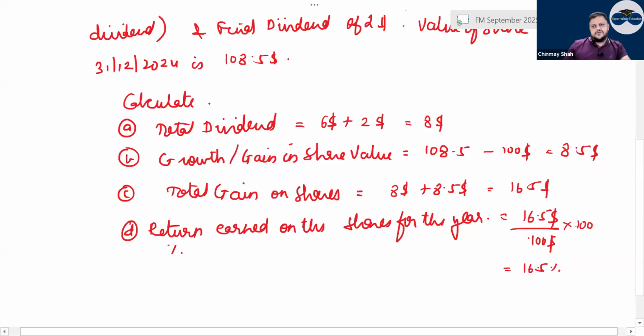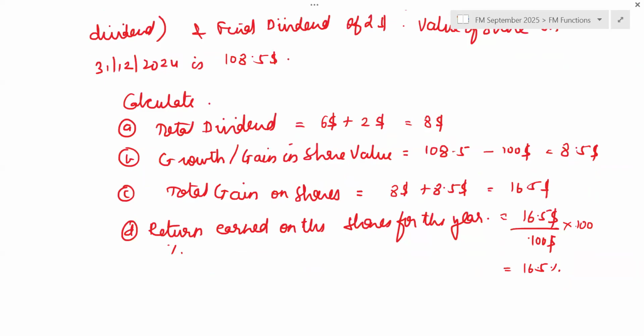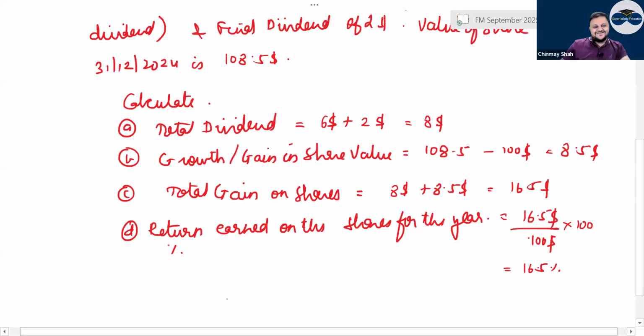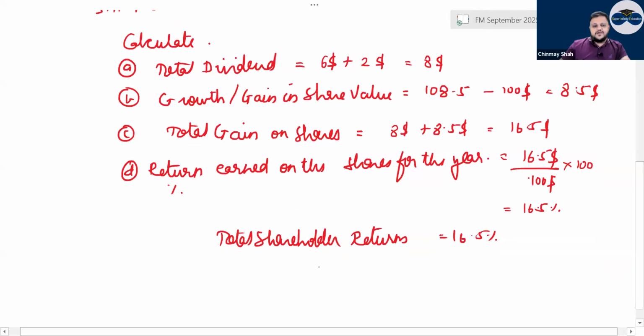But whatever. Are you okay or comfortable with 16.5%? Yes, sir. This is nothing but total shareholder return. So total shareholder return is equal to 16.5%. But now let's try to derive the formula.